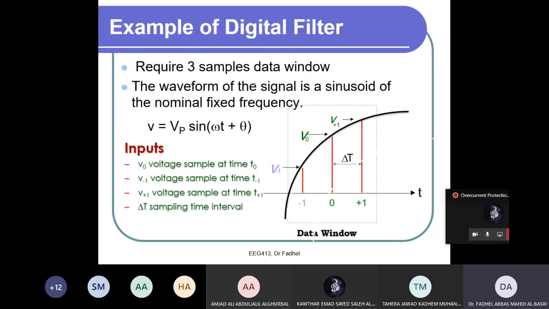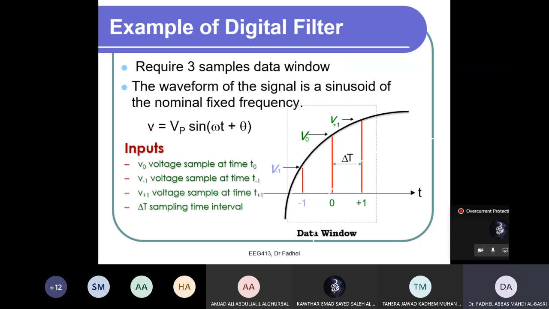We have so many algorithms. This is the simplest one, which was used a long time ago when microprocessor speeds were slow and memory was also low. In this algorithm, suppose I have a sinusoidal signal and I want to estimate its peak.